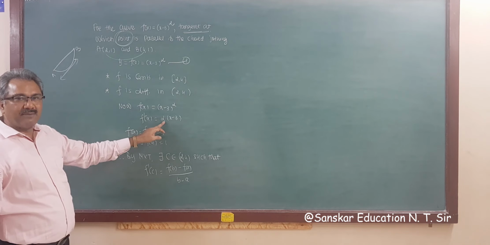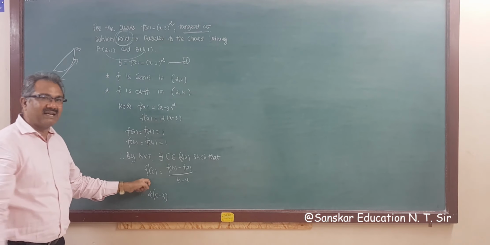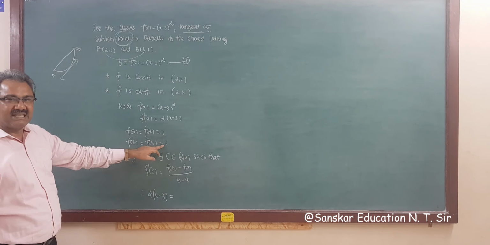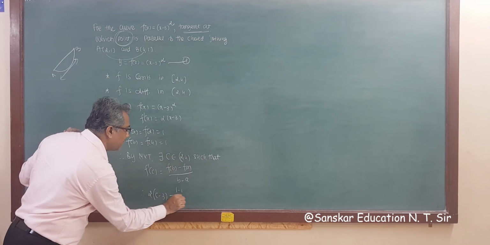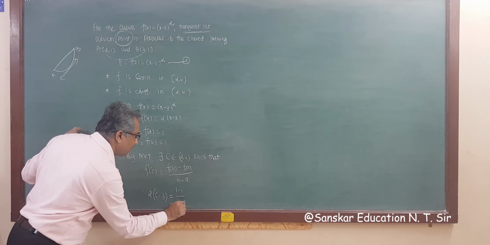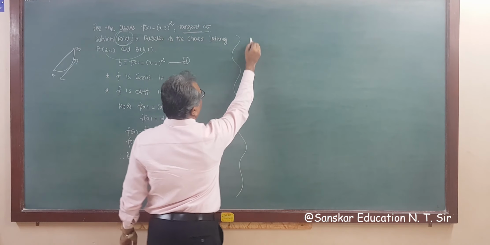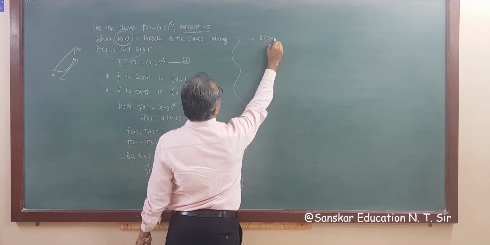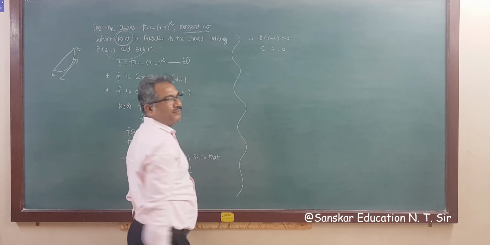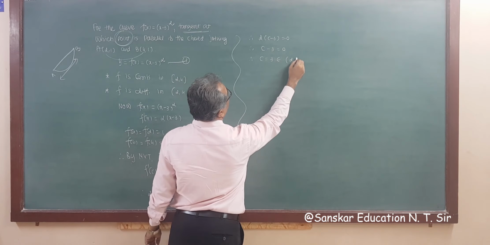So f dash c is 2 times (c minus 3), because we are writing f dash c. f(b) is f(4), which is 1 minus 1, that is 0, and b minus a is 4 minus 2. So the answer of this is 0. That is, 2 times (c minus 3) is equal to 0. That is c minus 3 is equal to 0, so c is equal to 3, which belongs to (2, 4).